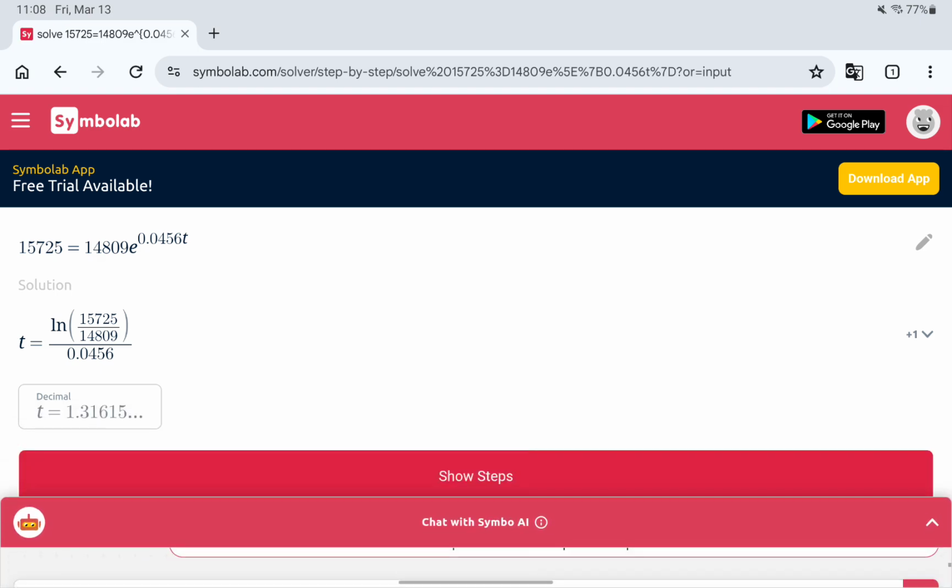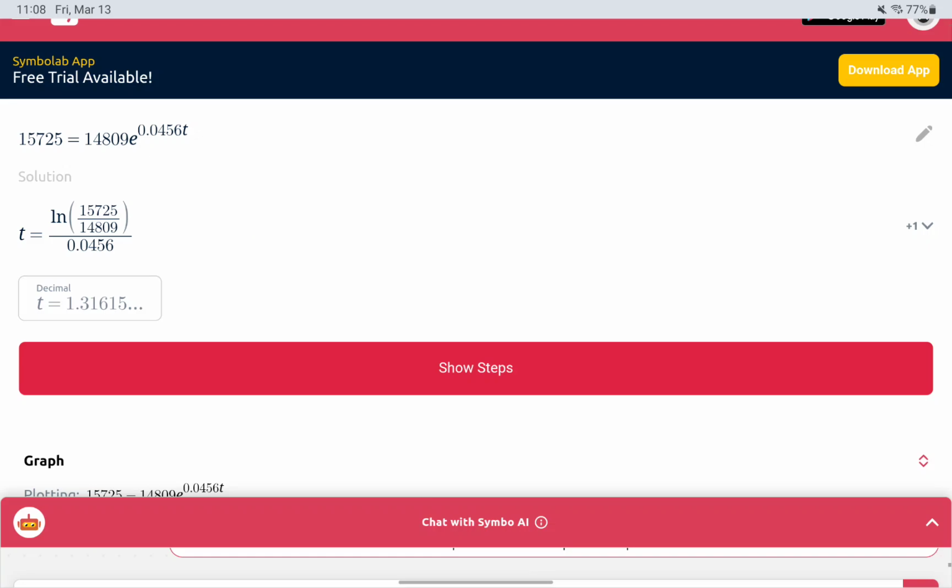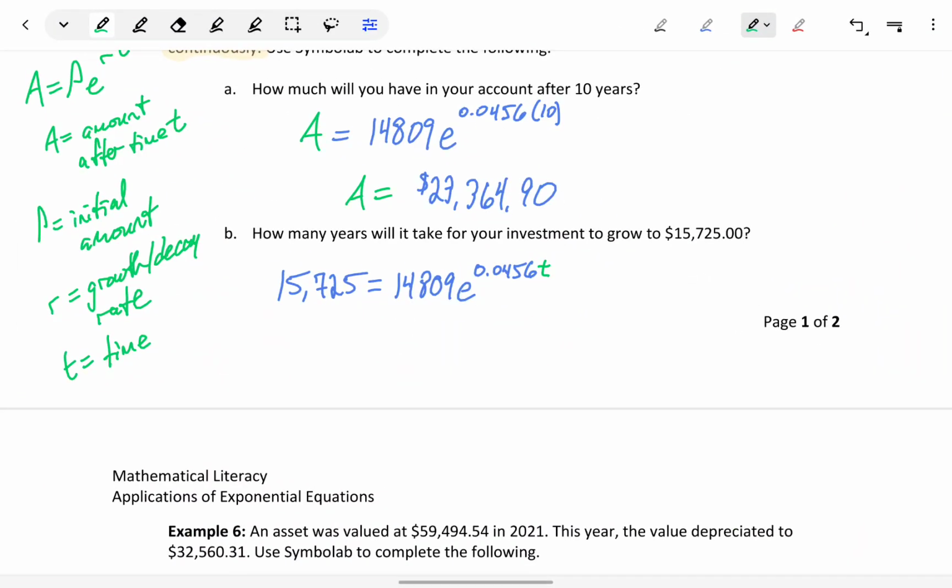And we'll get 2 answers. Again, an exact answer using that natural log notation, and then the decimal answer of 1.31615, which continues on. Since we're asked how many years, we'll round that to the nearest year. So we'll say about 1 year. Really, it'll take a little bit longer, but that's a close enough approximation.